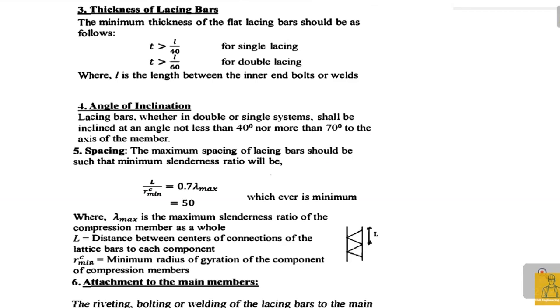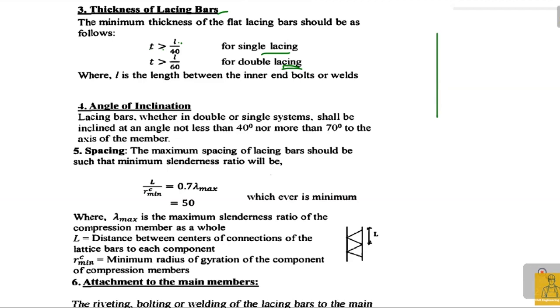Coming to the thickness of the lacing bar, the thickness should be greater than L by 40 for single lacing, where L is the length of the lacing bar, and greater than L by 60 for double lacing. What is L? L is the length between the inner end bolts or welds.